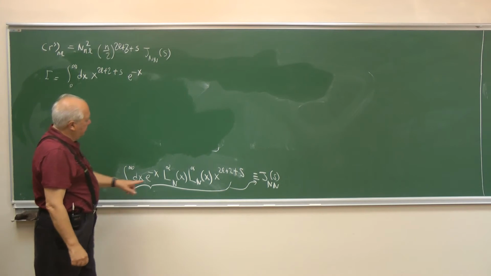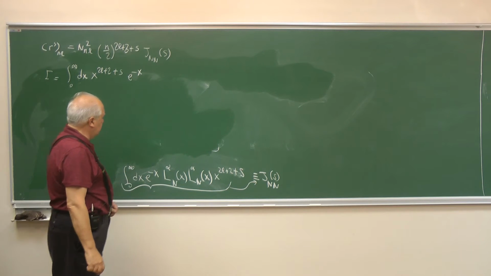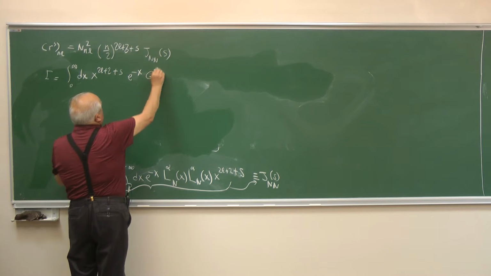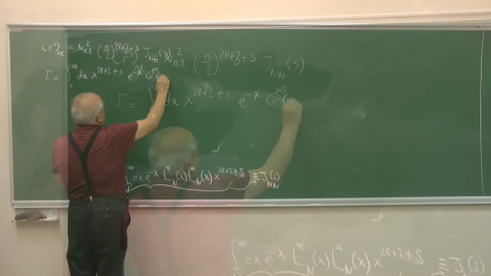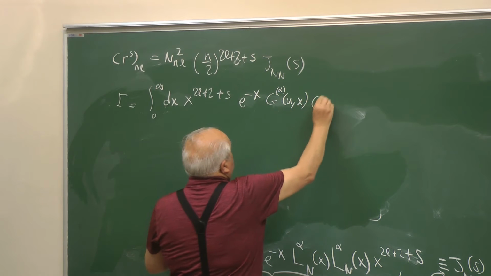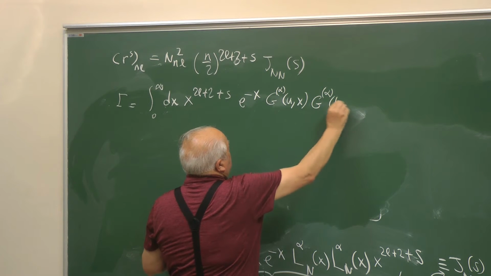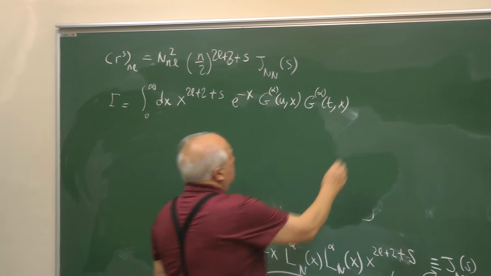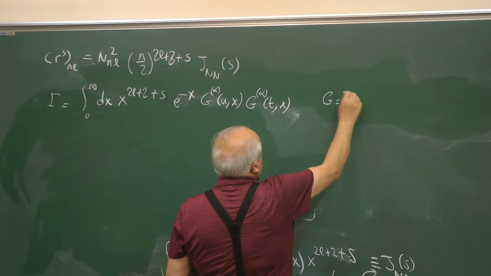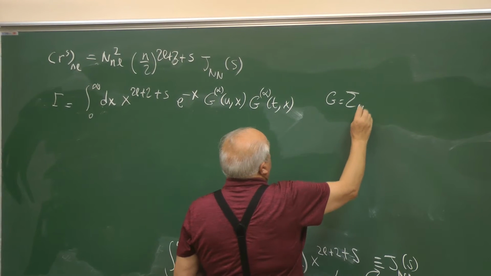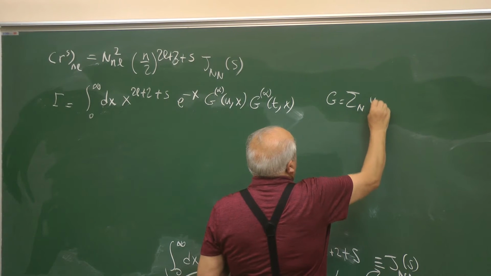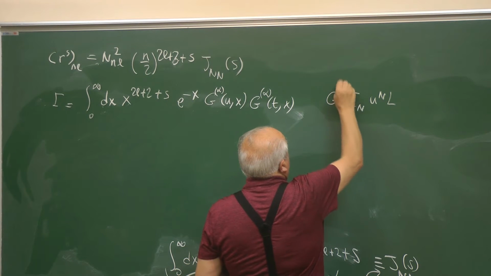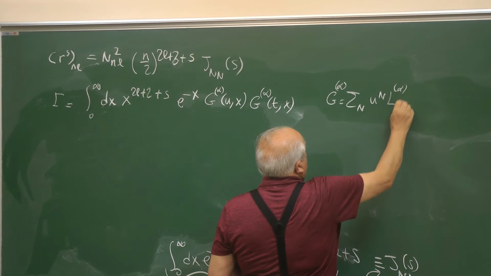And instead of the Laguerres, let's write their generating functions, G alpha of u, n, x, G alpha of t, n, x, and G is equal to sum over n. For example, let me take this one, u n, this is alpha n.